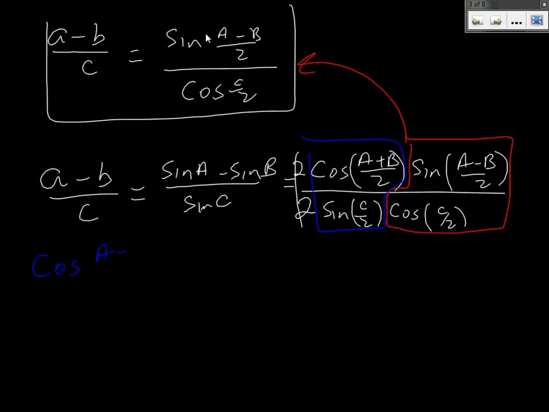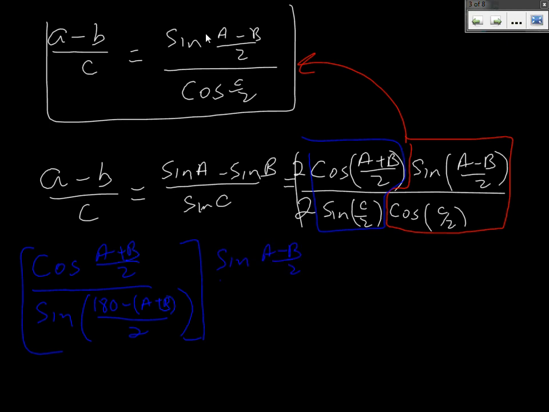We have the cosine of (a plus b) over 2 divided by the sine of c, where c is 180 minus the other 2 angles over 2, times what we want, times the sine of (a minus b) over 2 over the cosine of c over 2.